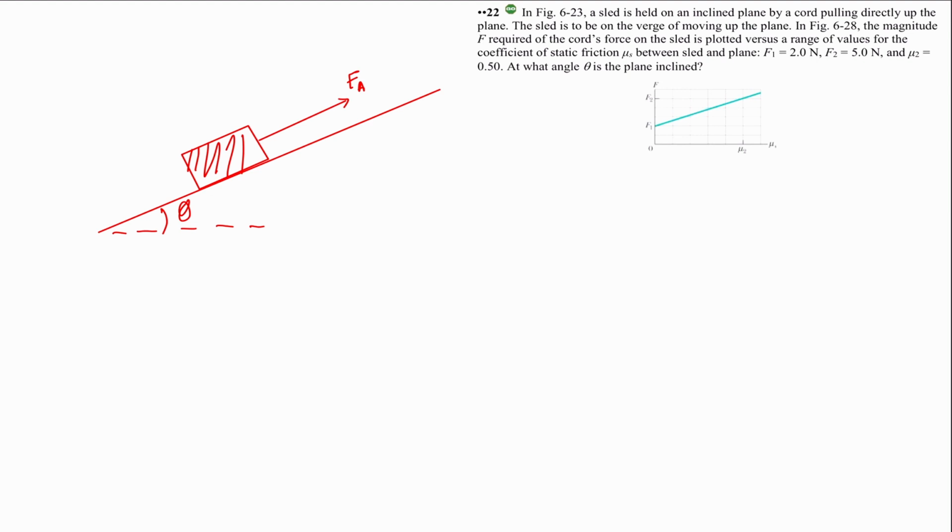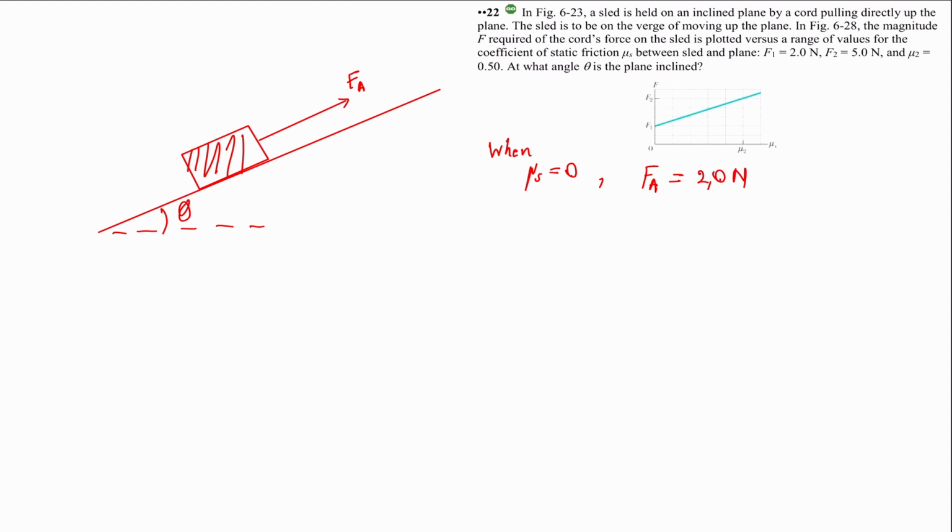Okay, so let's read off what the graph says. According to the graph, when mu s is equal to 0, the force Fa we need to apply is going to be equal to 2.0 newtons. That's what this is telling us.